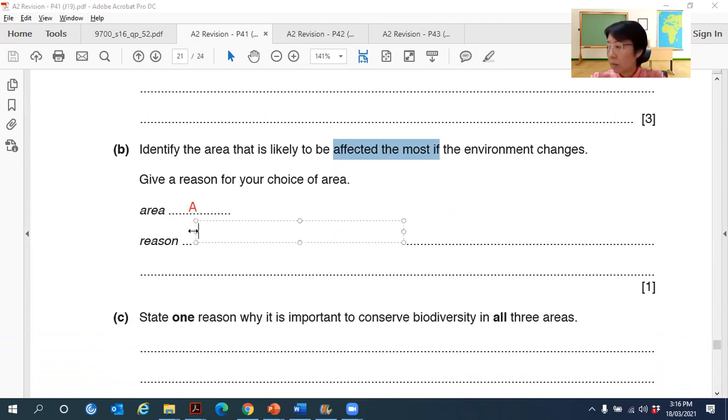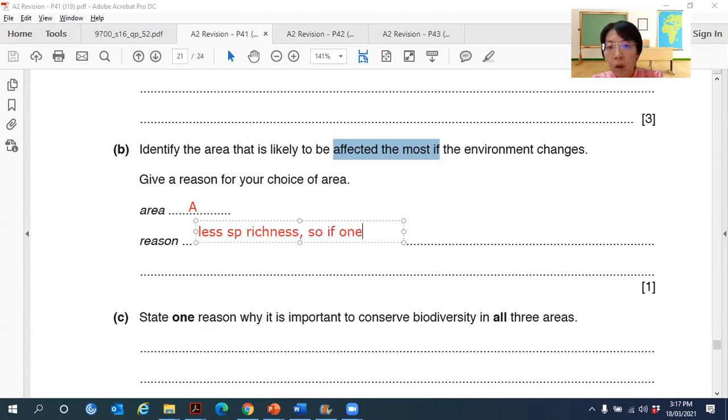The reason is because there is less species richness.